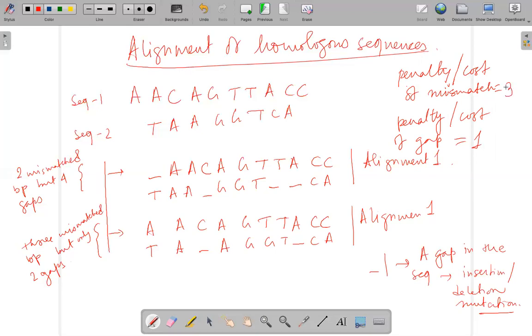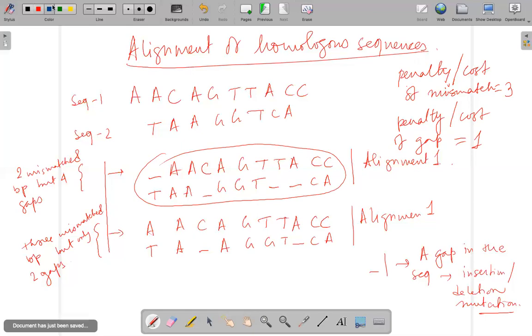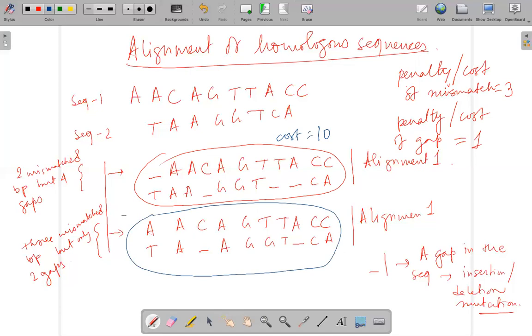You can immediately see that the cost of this particular alignment based on these penalty values comes up to be 10, whereas the cost for this alignment comes up to be 11. So in this case, the top alignment is a better choice than the bottom alignment.